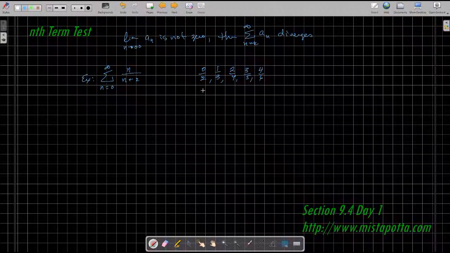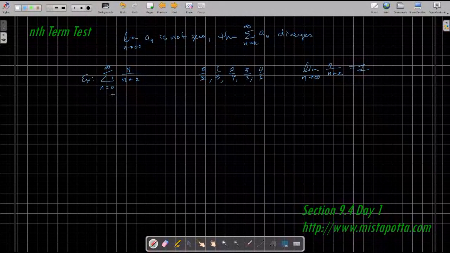One of the things I noticed is that these terms are actually increasing. And if I look at the limit as n approaches infinity of n over n plus 2, we know either by L'Hopital's or by algebra that this limit is 1.